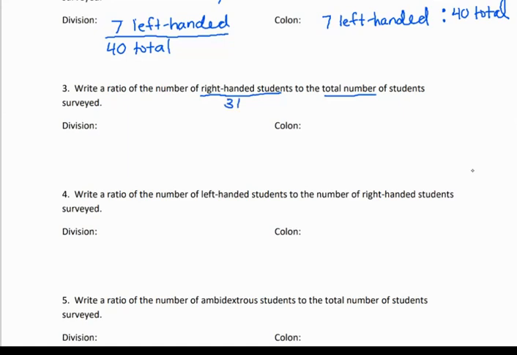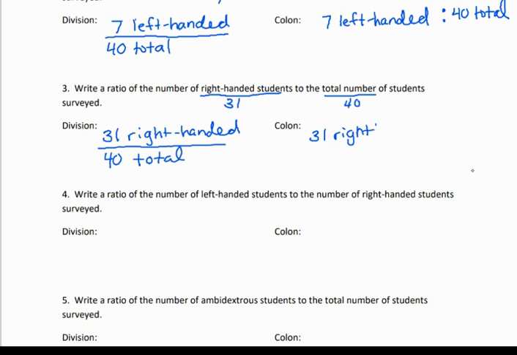And what did we say total again? 40, right? So for division, I will have 31 right-handed, and if you have room to write right-handed students, even better, over 40 total. Again, if you just say 31 over 40, you're going to lose points. You need to have those labels. And then the colon is 31 right-handed, 40 total.